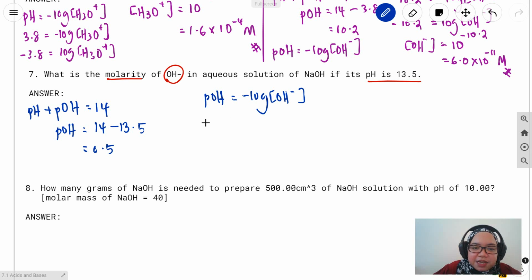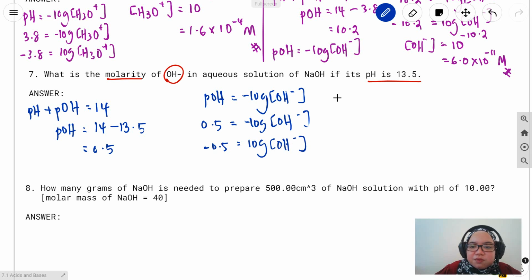So we get 0.5 equals negative log OH minus. So we will get negative 0.5 equals log OH minus. So we will get OH minus is equal to base 10 power of negative 0.5.